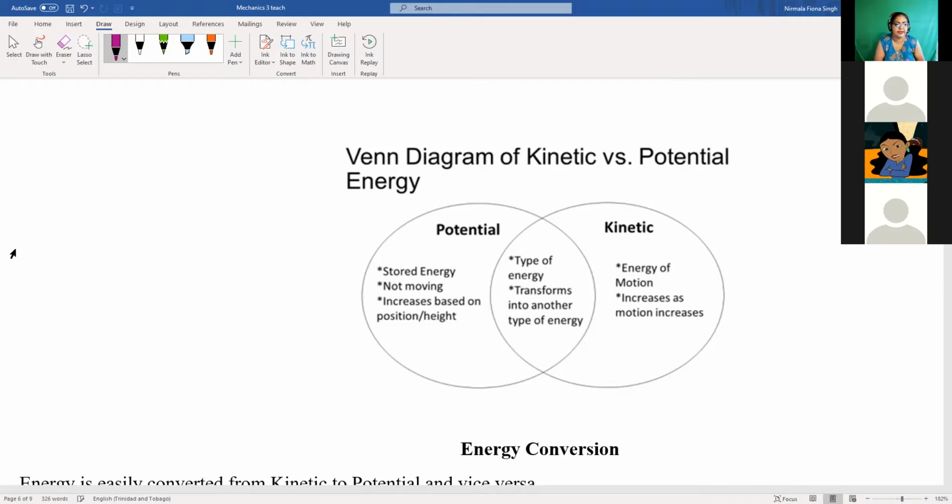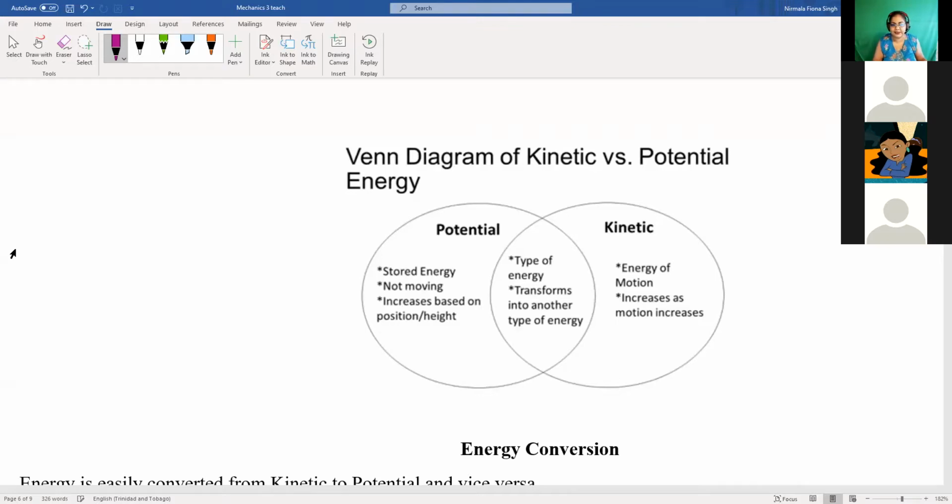And the energy increases based on the position and height. So the further up we go, the more energy that object can have. Kinetic energy is the energy of motion, and it increases as motion increases.